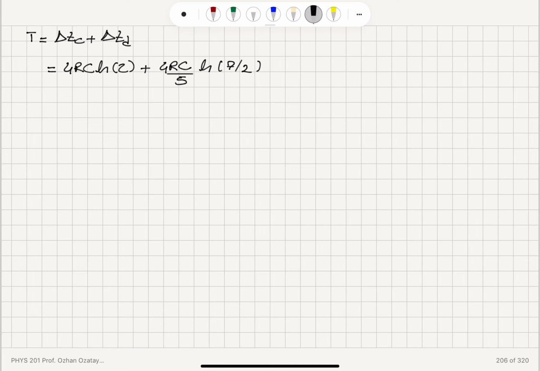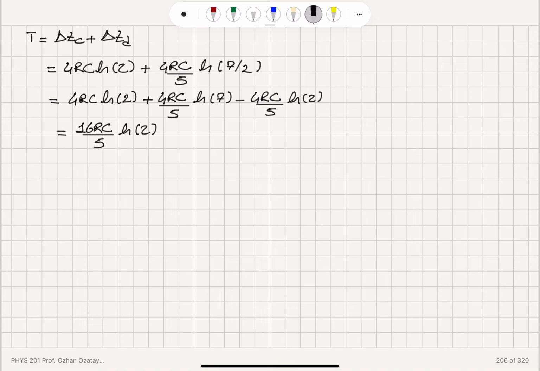So this can be rewritten as 4RC natural logarithm 2 plus 4RC over 5 natural logarithm of 7 minus 4RC over 5 natural logarithm of 2, which is equal to 5 times 4, 20 minus 4, 16. 16 RC divided by 5 natural logarithm 2 plus 4 RC divided by 5 natural logarithm of 7.